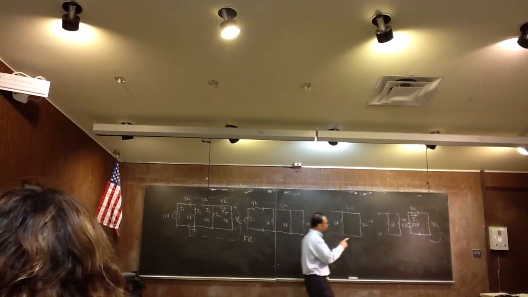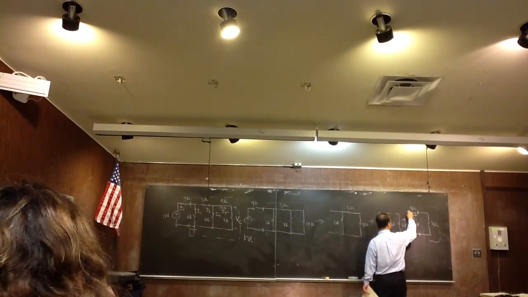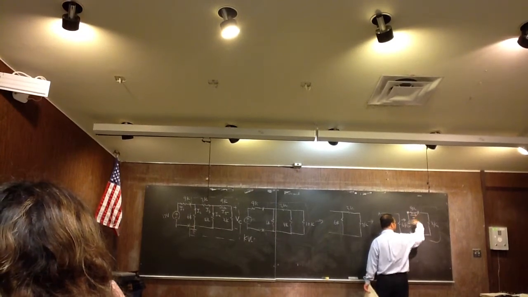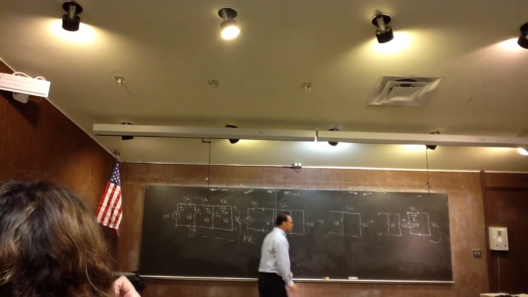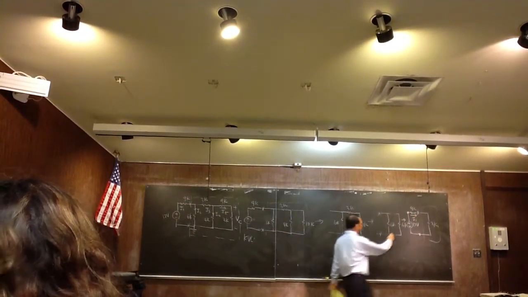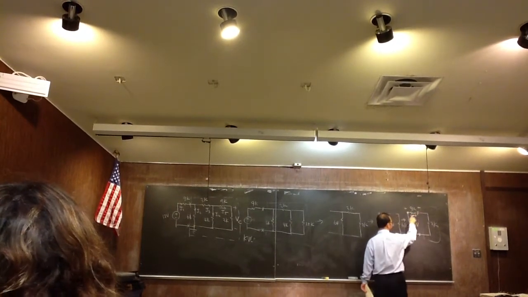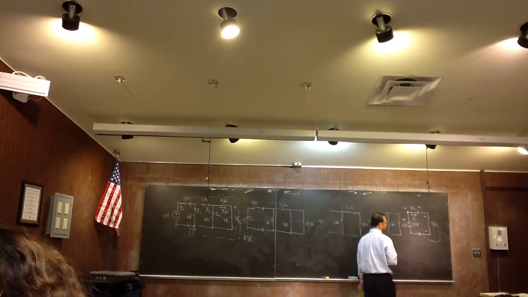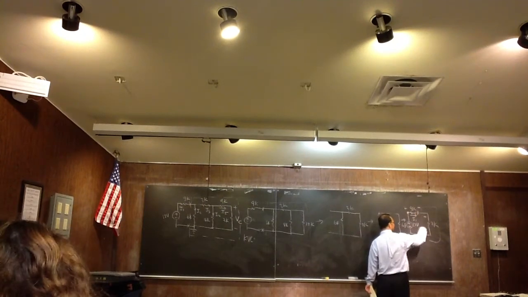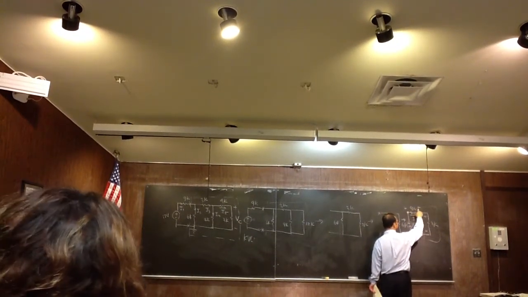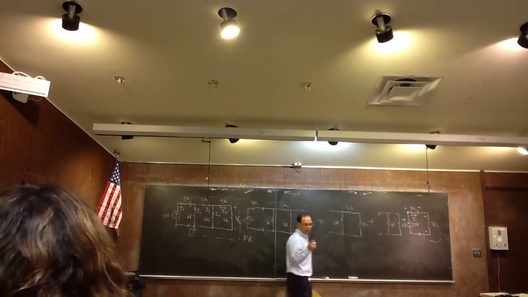Okay, so if I go from this point, I follow the current direction. So I will get a plus minus, right? If you go in this direction, first you see a voltage drop. Yes?